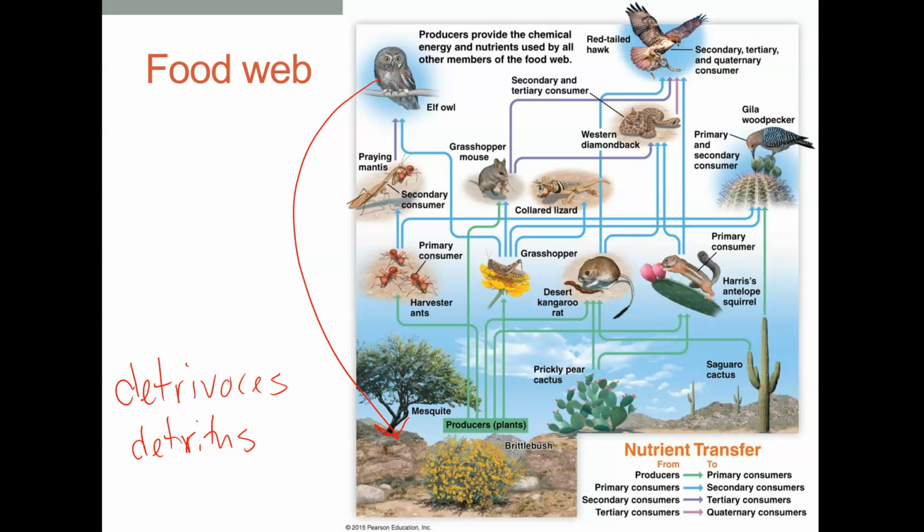They're detrivores. Another example that's actually really pretty gross, but effective, is that some hospitals will actually put maggots on a wound, because maggots only eat dead tissue.